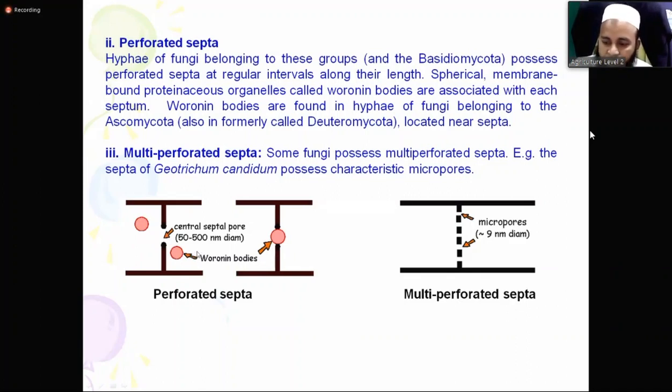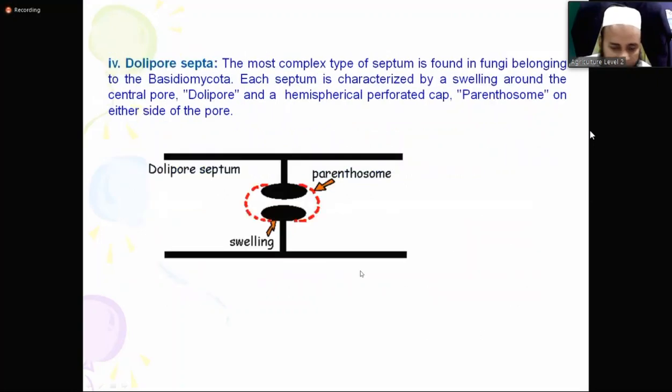Fungi control their protoplasm movement from one cell to another by using these Woronin bodies. Another is multi-perforated septa, which we discussed last class.